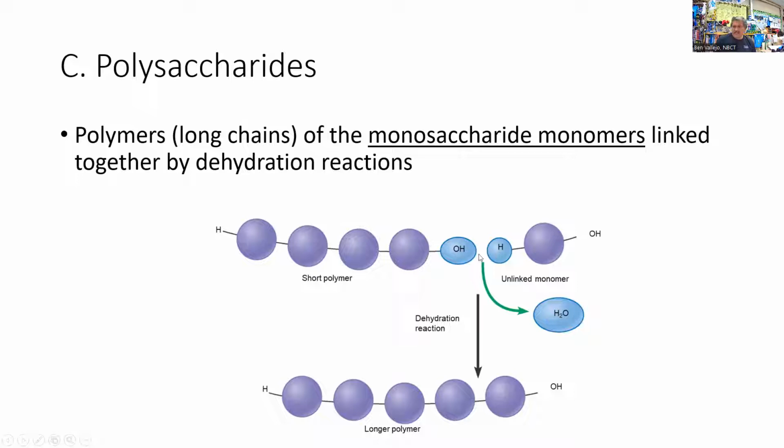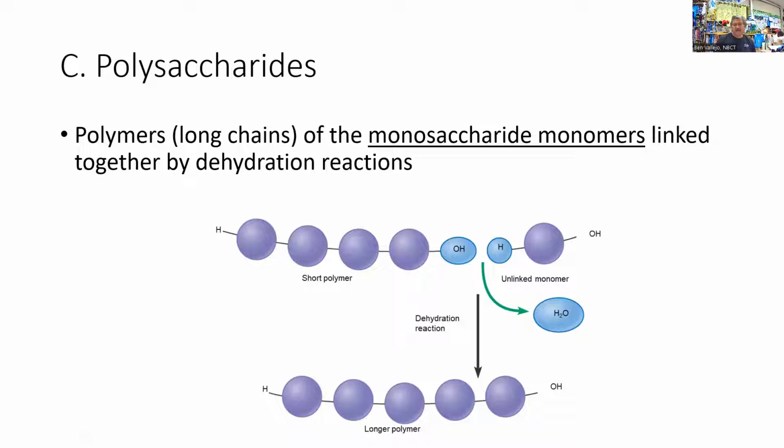It's called dehydration synthesis because water comes out of this reaction when the hydrogen and the hydroxyl group come together. You get that water coming out. Some people call it a condensation reaction as well.